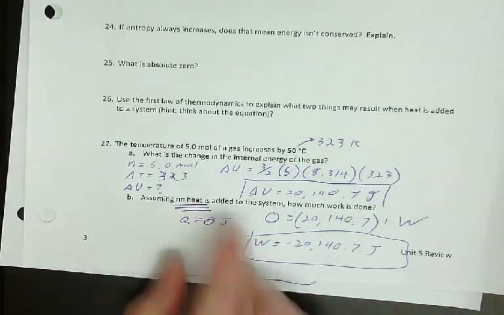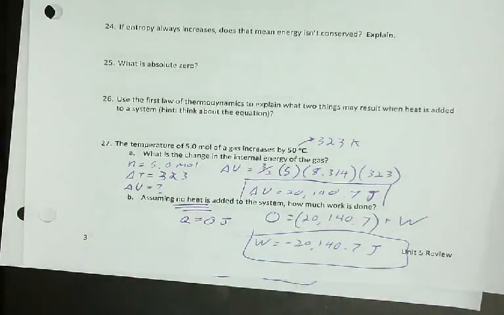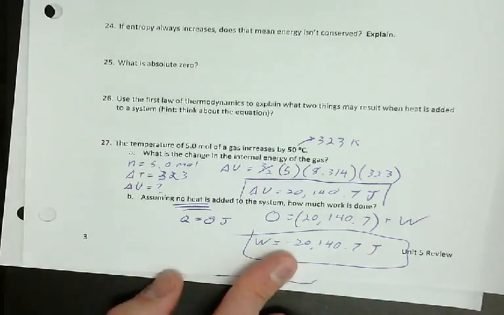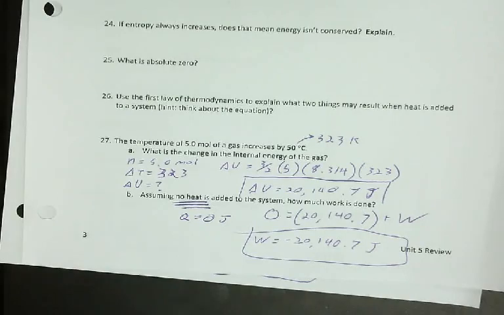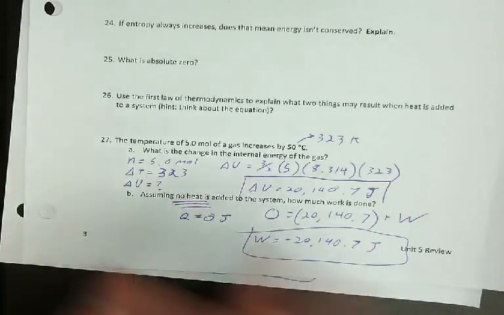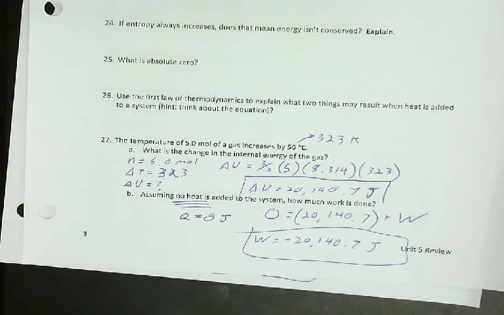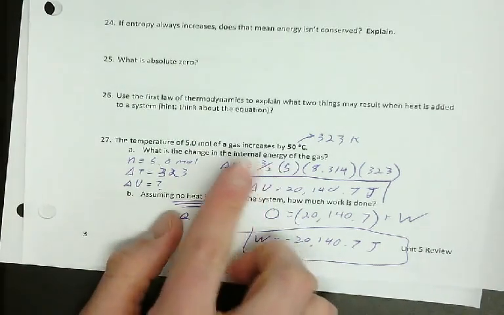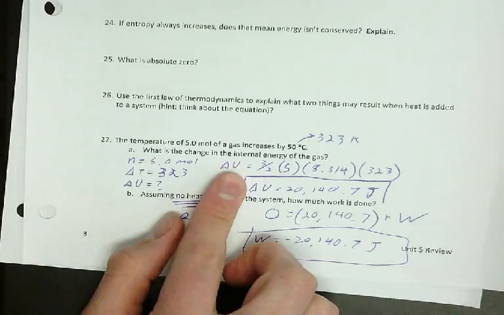Yeah, I had no heat transfer, so the work done must be based off of the energy change. Second of all, does the negative answer make sense? Well, my heat transferred in or out is 0, which means no heat got added, no heat got removed. So if the internal energy changed, it had to change because of work done.